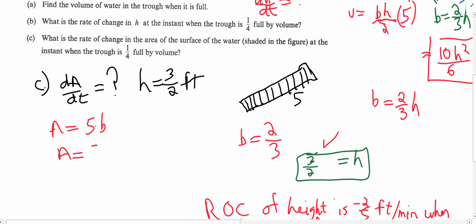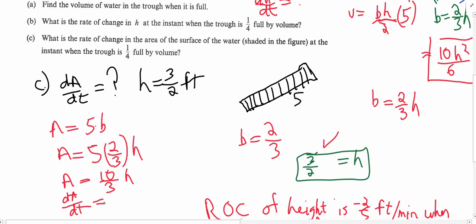So we're going to put that in here, that we have 5 times 2/3 of h, and the area would equal 10 over 3 times h, and then if we take the derivative, we get dA dt is equal to 10/3 of dh dt.